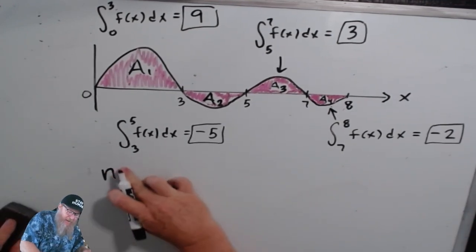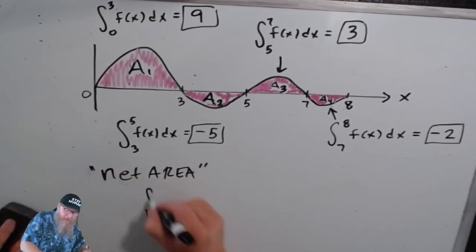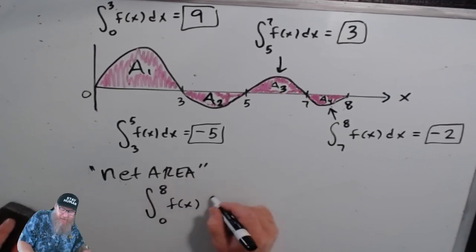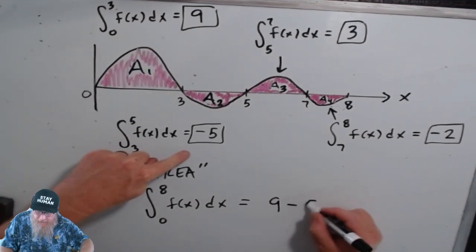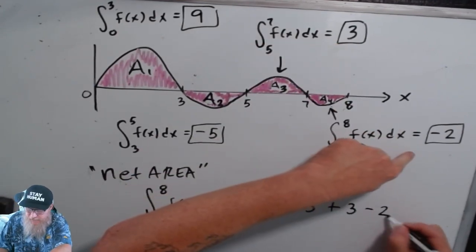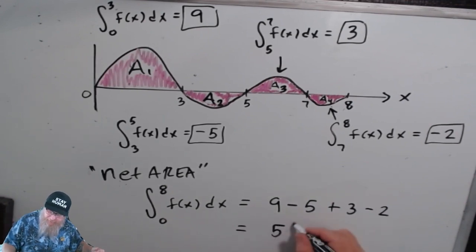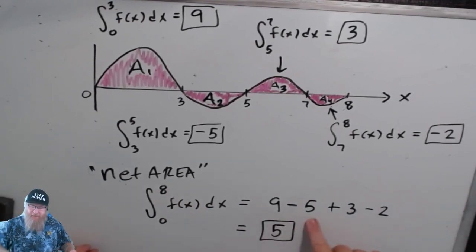The net area would be the integral from 0 to 8 of f of x dx, which would be 9 minus 5 plus 3 minus 2. So what's that? 9 minus 5 is 4. 4 plus 3 is 7. 7 minus 2 is 5.